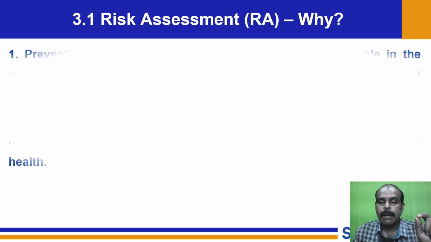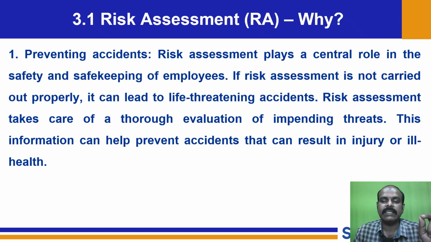Because they are the potential areas which give us an opportunity to come out with some sort of solution. The first reason is that we want to prevent accidents. How can we prevent accidents? The moment we understand the exact process of what is happening, what the reason for failure is, and why a particular accident occurs, that is how accidents can be prevented.